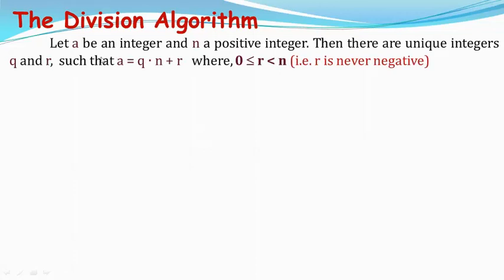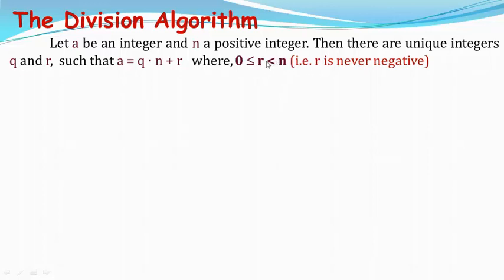The division algorithm states that let a be an integer and n a positive integer, then there are unique integers q and r such that a is equal to q into n plus r, where 0 is less than or equal to r, which is less than n, that is, r is never negative.